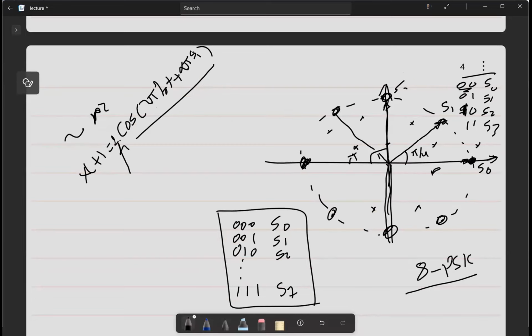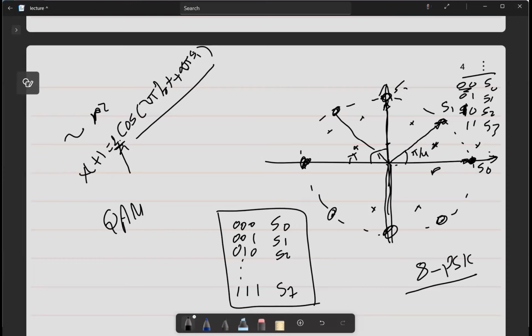So we can ignore any changes in the amplitude because we don't have information in the magnitude. The power is the same for all of them. This is not the case, of course, if we use QAM modulation, where we have information in both amplitude and phase. But in phase shift keying, we have the information only in the phase. So we can normalize the amplitude.